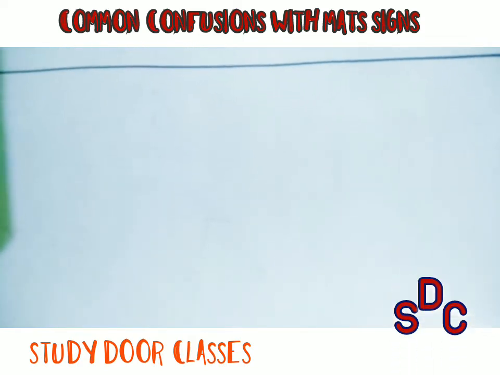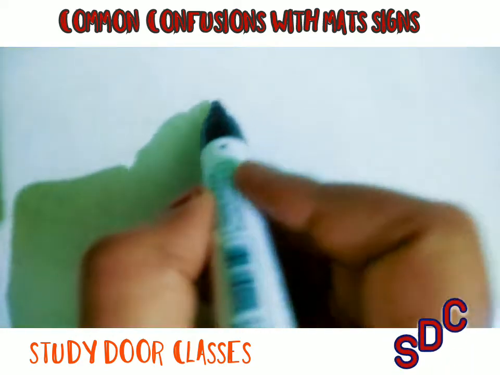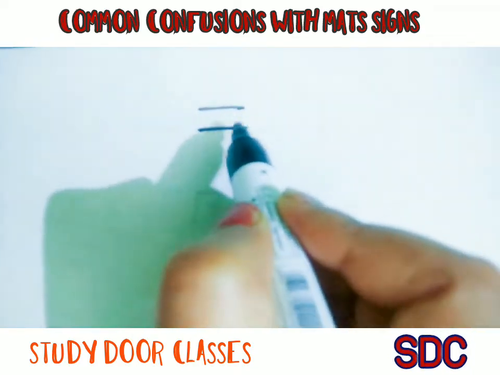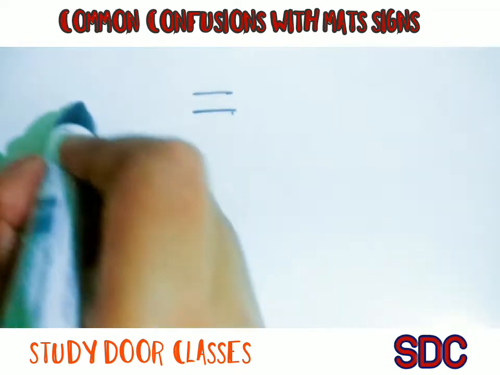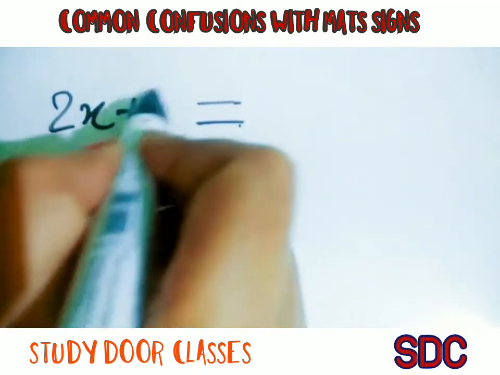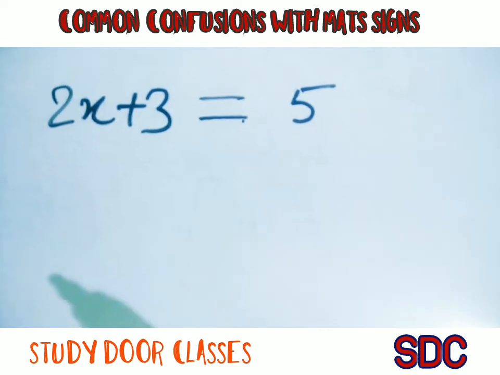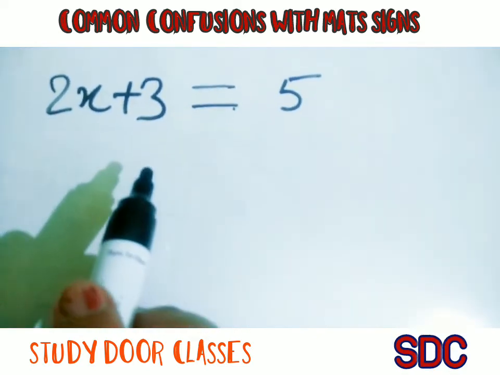Now first of all, what is an equation? When we put an equal sign between numbers, it is called an equation, just like 2x plus 3 is equal to 5. Now how can I change signs here?